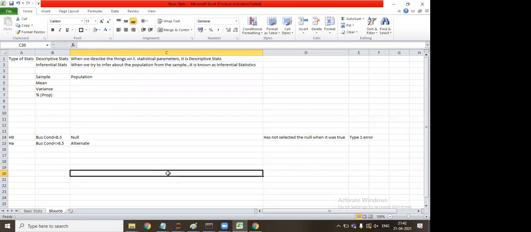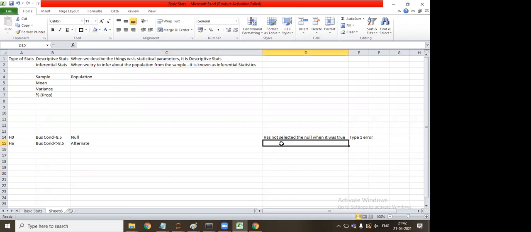So in this situation, person A has made a mistake. Which mistake has he made? He has not selected the alternate when it was true. He has believed the sample.